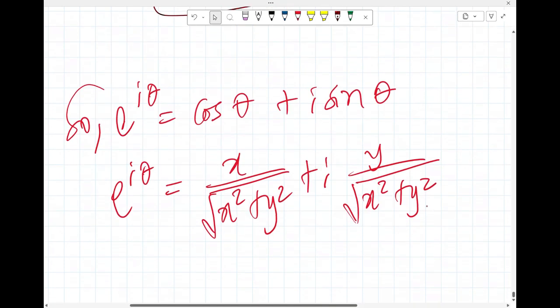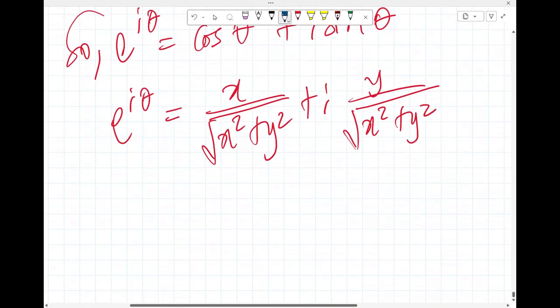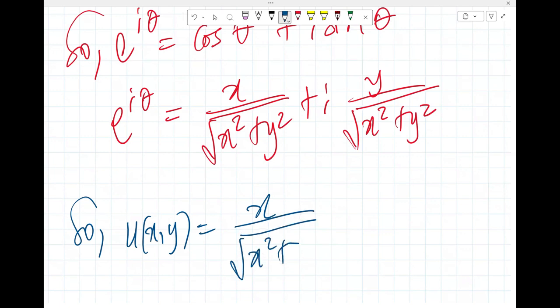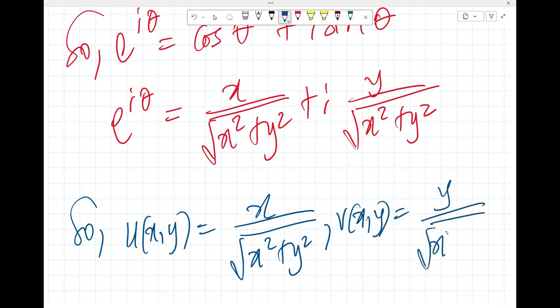So in terms of complex functions, we can then say u of x comma y, the real part, is x all over square root of x squared plus y squared, while v of x comma y is equal to y all over square root of x squared plus y squared.